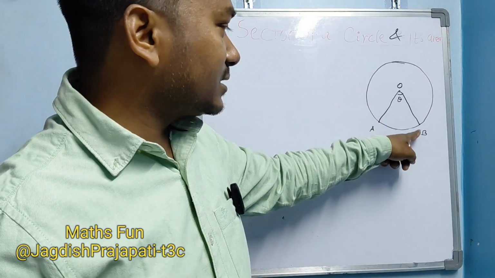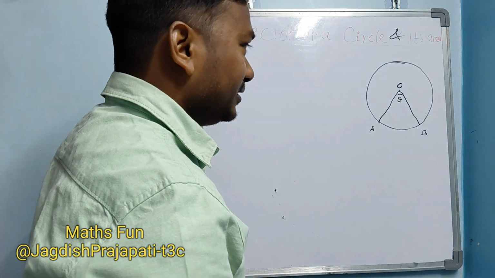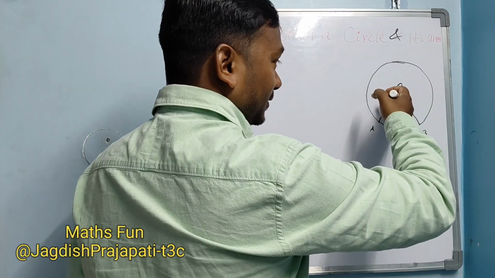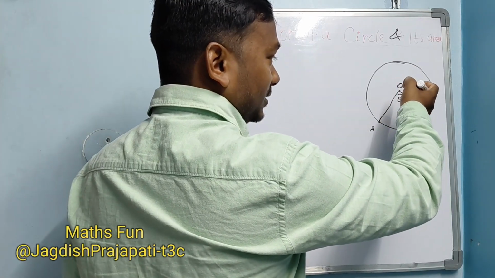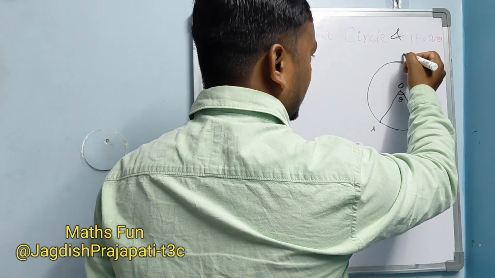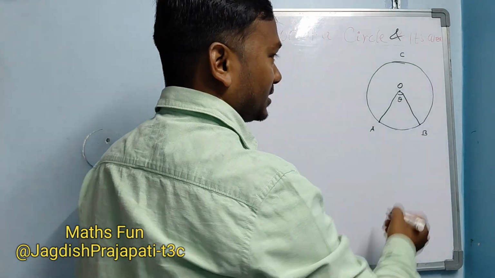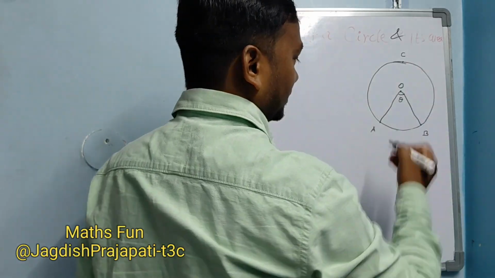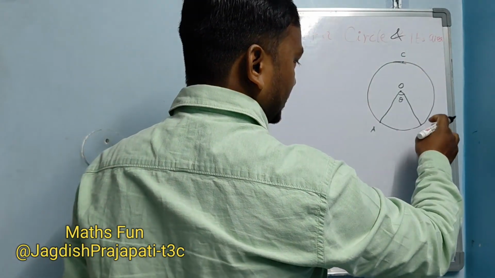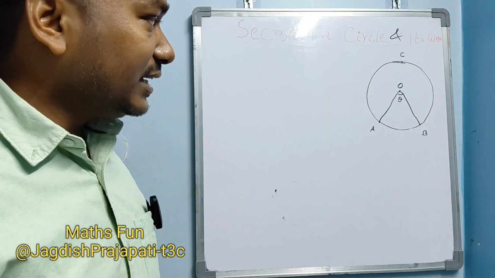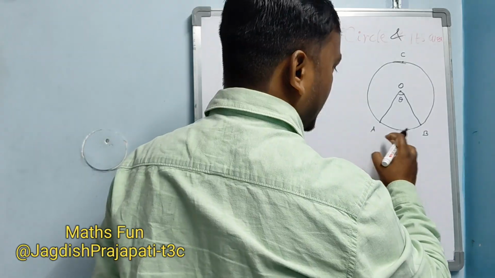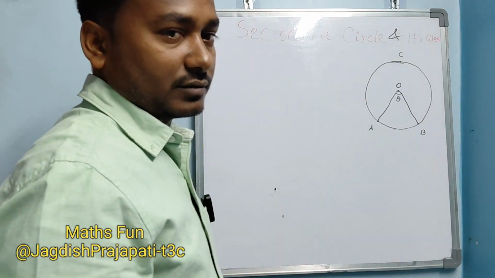So now if this is a sector of the circle, we know that there is another area, from here to here. For the sake of simplicity, let us say this is a point C. OACB is another area, and OAB is the other.